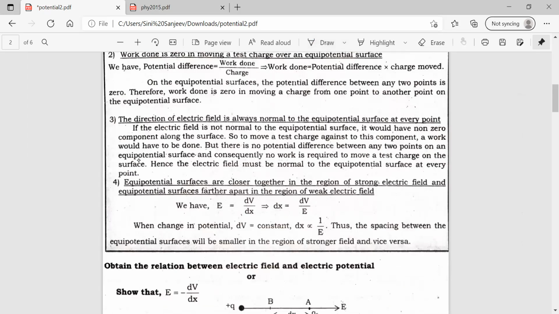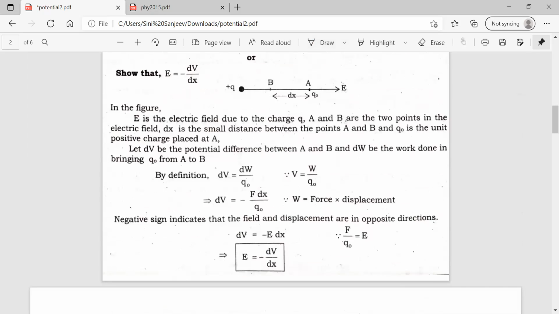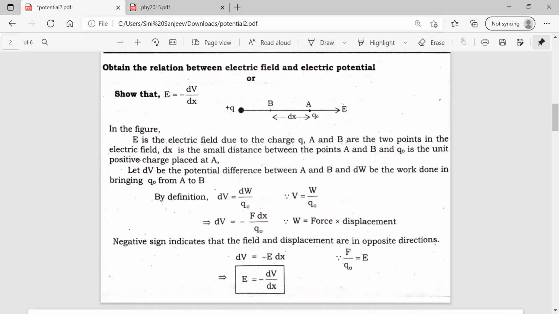Now coming to this particular thing, obtain the relationship between the electric field and the electric potential. Okay, so for example, work is force into displacement, correct? W is equal to F d cos theta, correct?